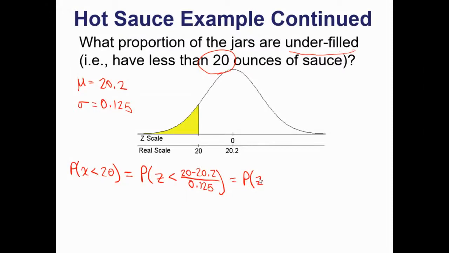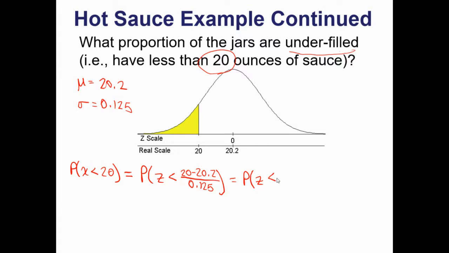What do I get for my standardized value? Negative 1.6.